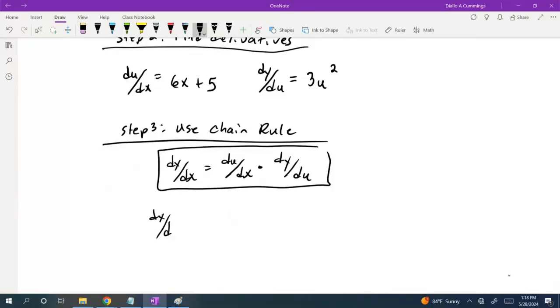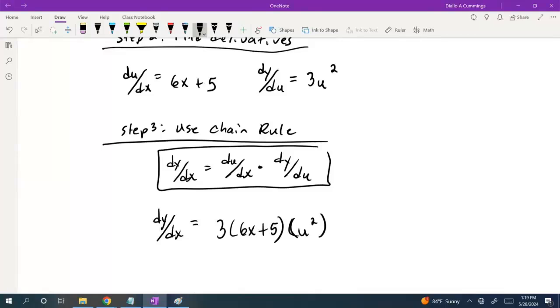So dy dx is going to equal du dx, which is 6x plus 5, times, so our parentheses allude to multiplication, dy du, which is 3. So I'm simply going to put 3 in front of that first factor, times u squared.